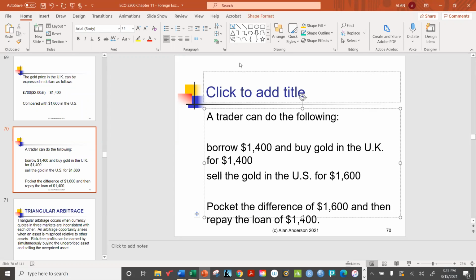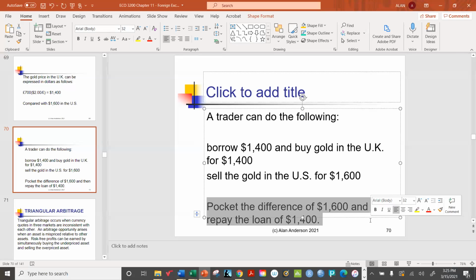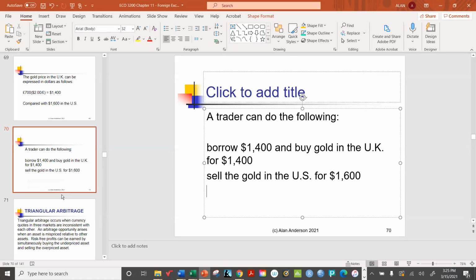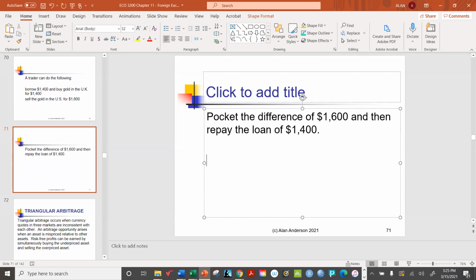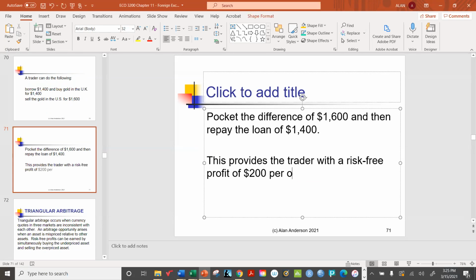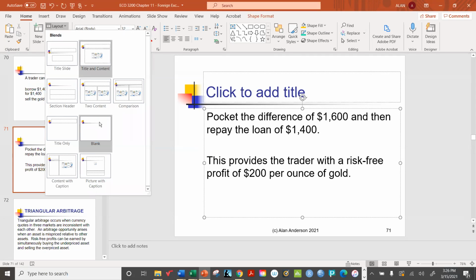And so you can see the nice thing about this is that this provides the trader with a risk-free profit of $200 per ounce of gold. Now, we're assuming that all this takes place very quickly so that prices don't have time to adjust.